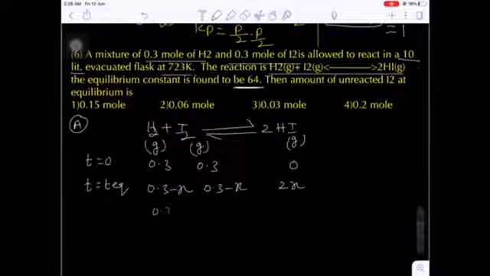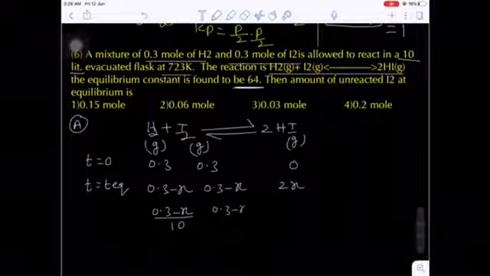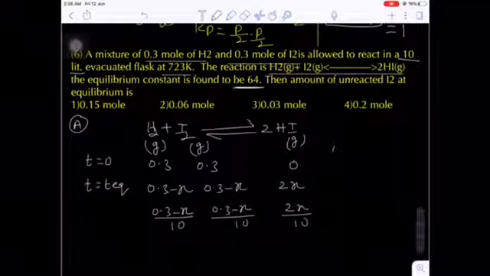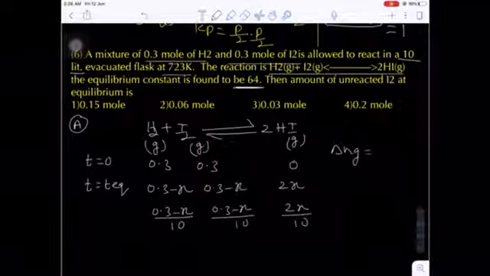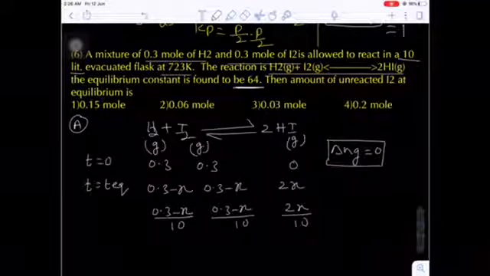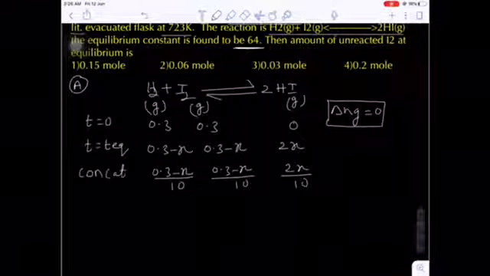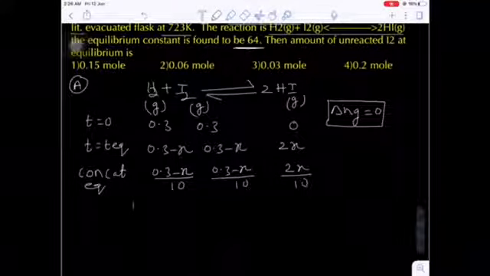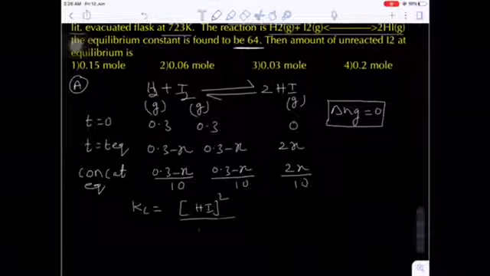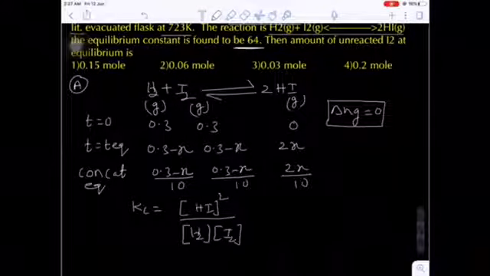Now here, we need not divide by the volume of the container, because if delta Ng is 0, there will be no effect of the volume of the container. Okay, now this is the concentration at equilibrium. The Kc expression is equal to HI whole square upon H2 into I2.